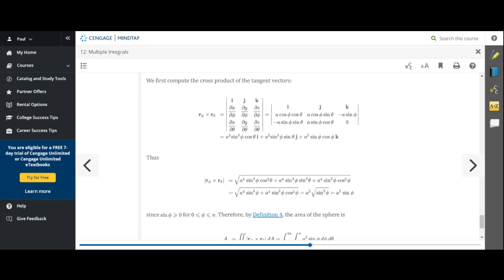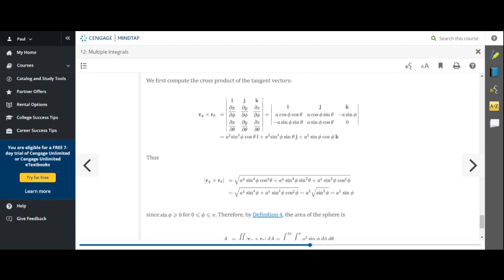But what you can do now is factor out a sine squared of phi from both terms. No, you're going to factor out a to the fourth times the sine squared of phi.